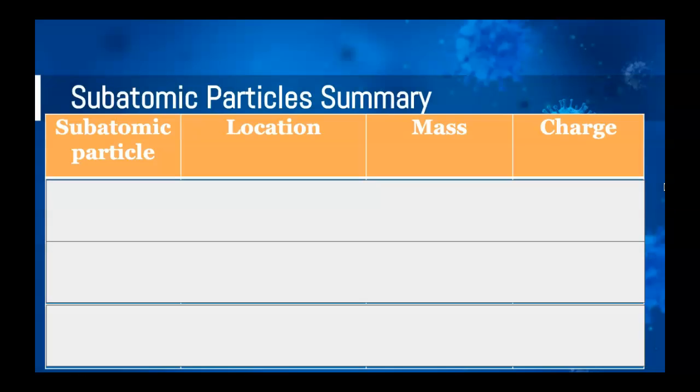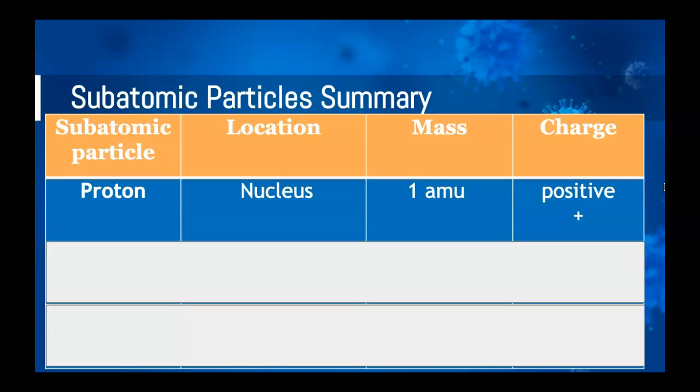All right. So, quick summary: protons, they're found in the nucleus. They have a mass of 1. Now, this is a new unit of measurement for you. So you're all probably pretty familiar with kilograms or pounds to measure the mass of something. Protons are really small, and we are not going to try to add up the mass of the protons in an atom using kilograms.